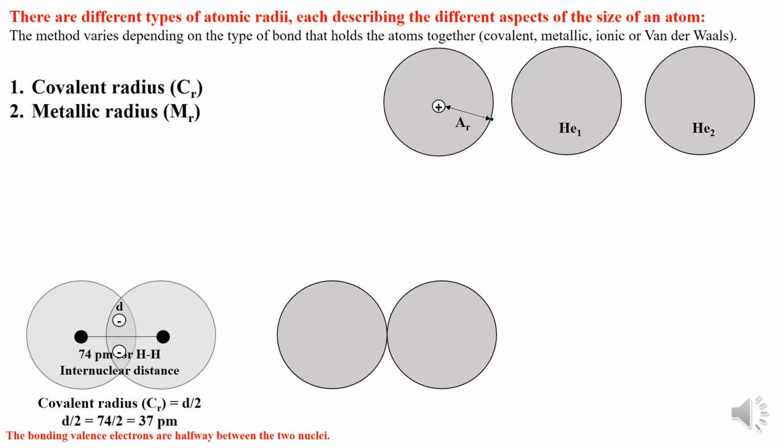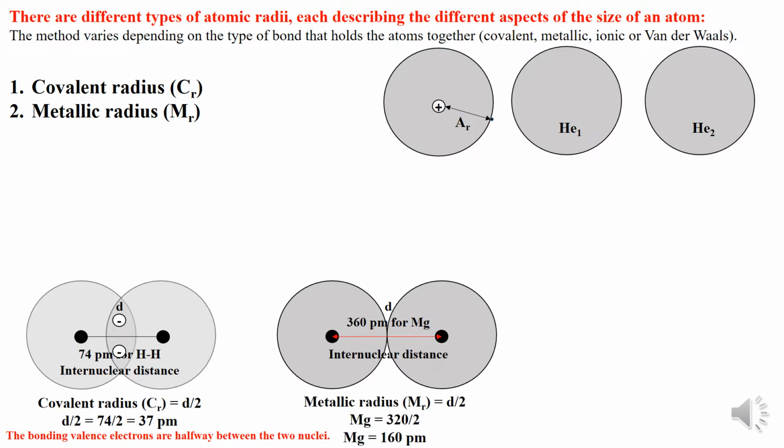So there is close packing of metal atoms in a solid metal, and they are seen as closely touching circles or spheres. So you can measure the internuclear distance and take the average. The internuclear distance for magnesium is 320 picometers. You take the average, divide by 2, and you end up with the metallic radius. So 160 picometers is the metallic radius of magnesium solid metal.